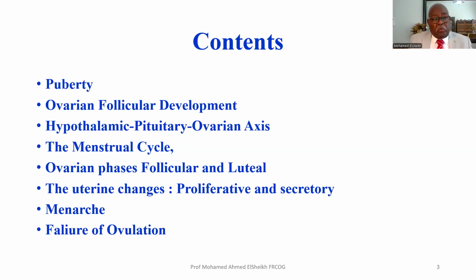Then we go into the menstrual cycle with its ovarian phases and uterine changes. The ovarian phases are follicular and luteal phases, while the uterine changes are proliferative and secretory. Then we go into menarche and disturbances that could occur from failure of ovulation.